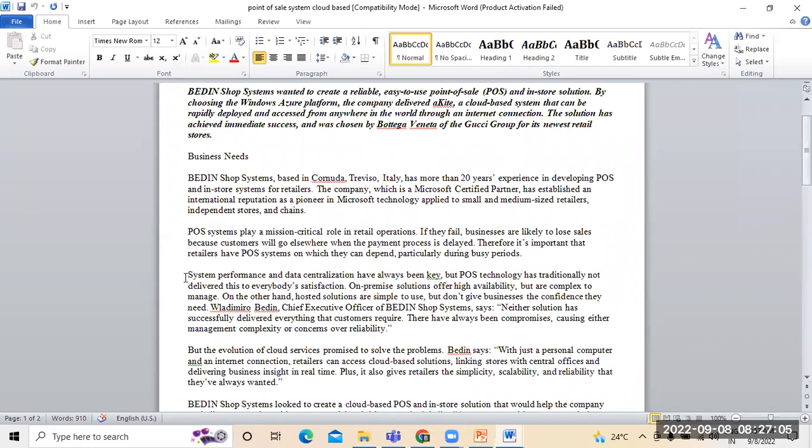It means indirectly that system performance and data centralization are important for a point of sale system, but unfortunately the regular traditional point of sale system, which all the store owners were using for a very long time.